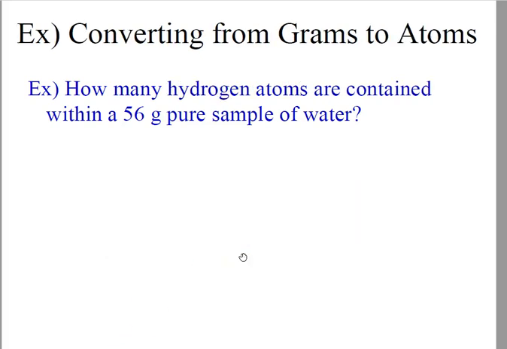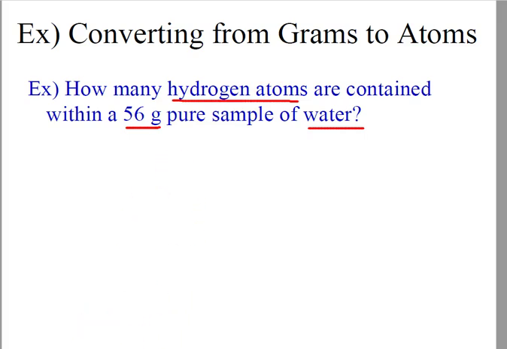All right. This next question says, how many hydrogen atoms are contained within a 56 gram sample of water? Hydrogen atoms, 56 grams of water. So we're still trying to go from grams to particles. We're thinking about the map.